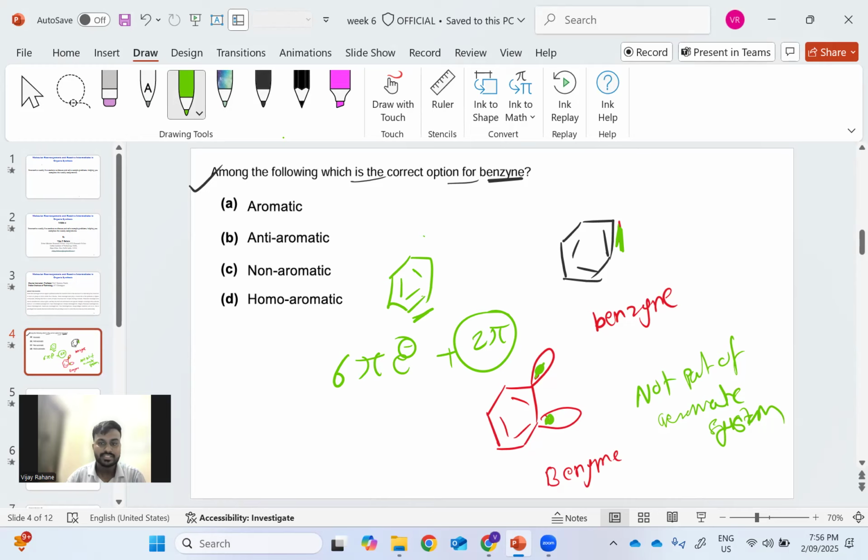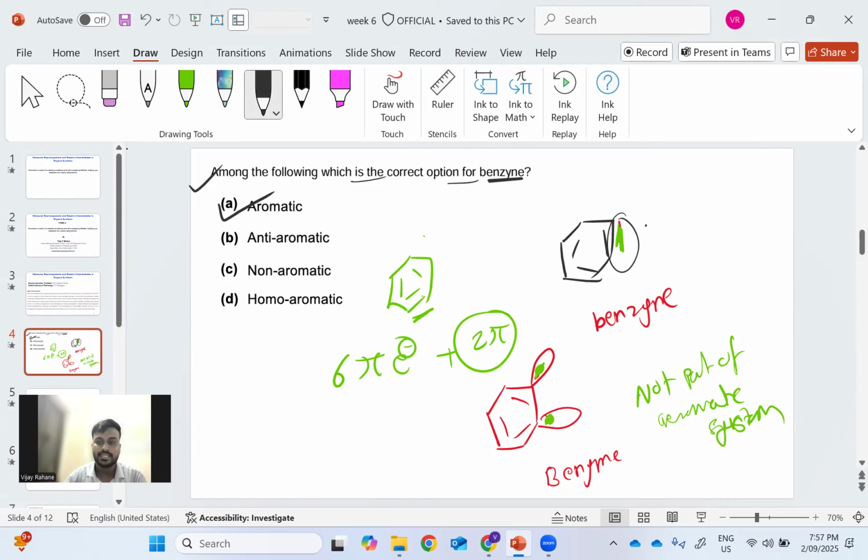So overall, this compound is aromatic. The key point in this question is that these bonds are not involved in the aromatization, so that's why this compound is an aromatic compound.